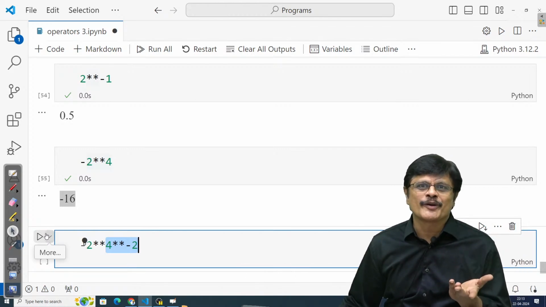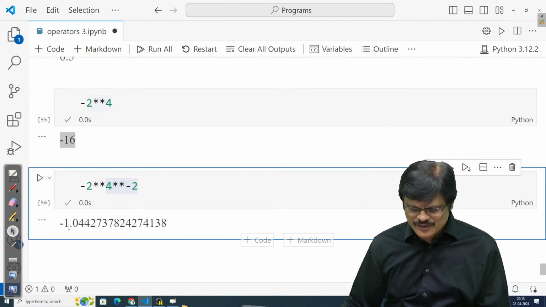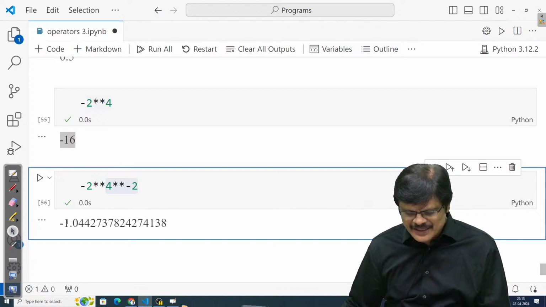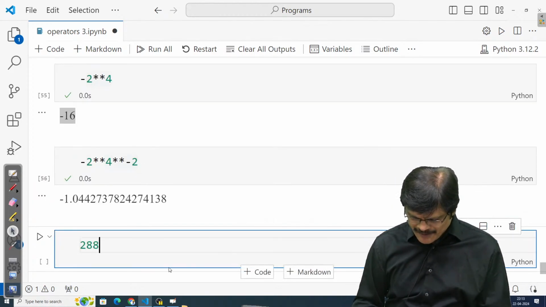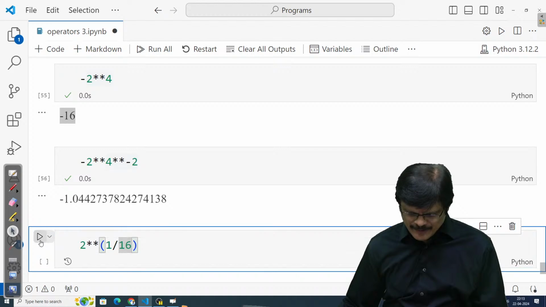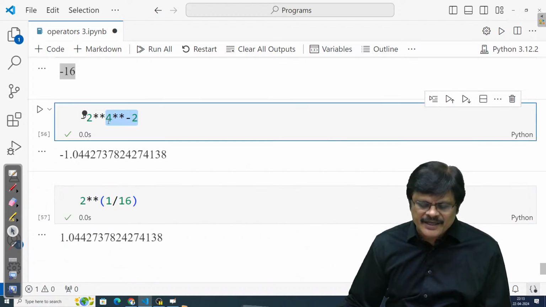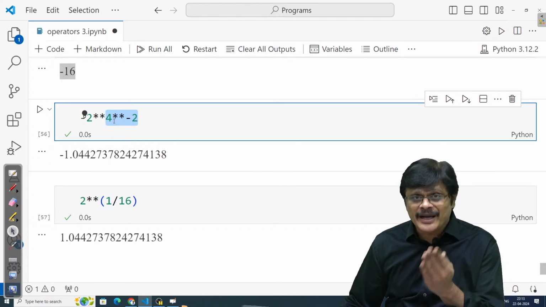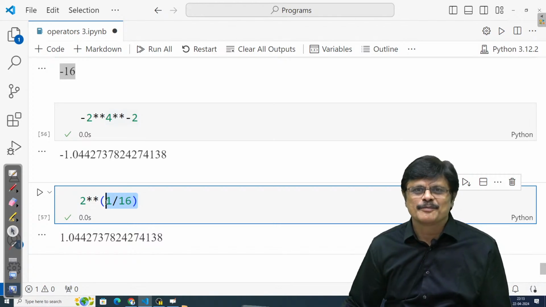So I don't know how much 2 power 1 by 16 is. Okay, so that would be the answer. You can just verify, you can directly check 2 power 1 by 16. That would be the answer. Same, because 4 power minus 2 is 1 by 16. Am I clear? That is what happens. Please note that.